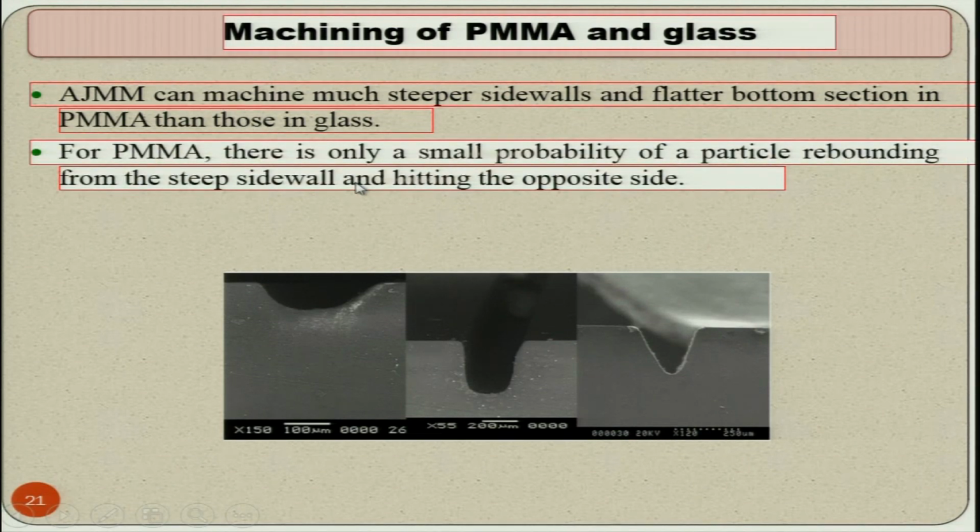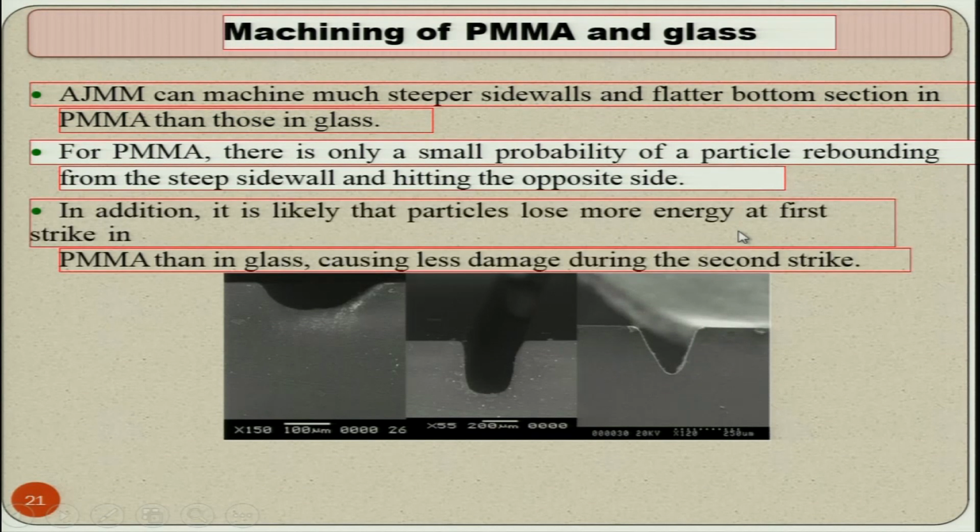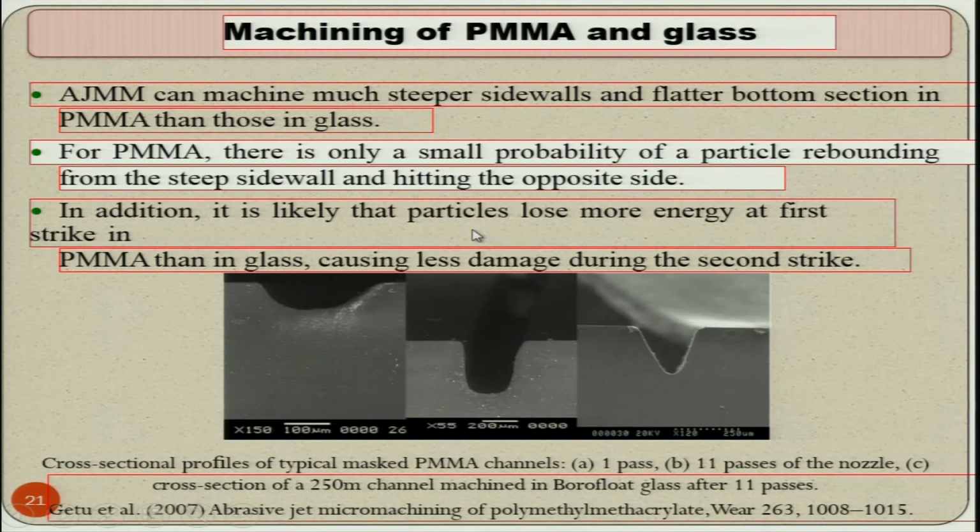As we will see in the figures, for PMMA there is only a small probability of a particle rebounding from the steep side wall and hitting the opposite side. In addition, it is likely that particles lose more energy at first strike in PMMA than in glass, causing less damage during the second strike.